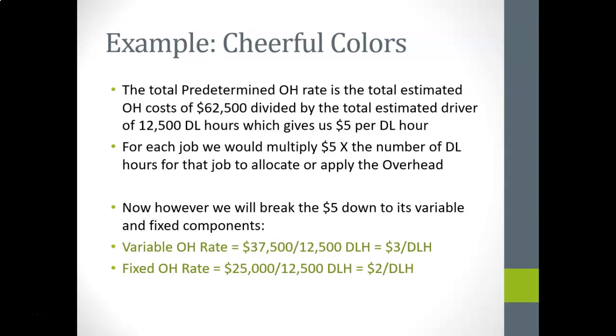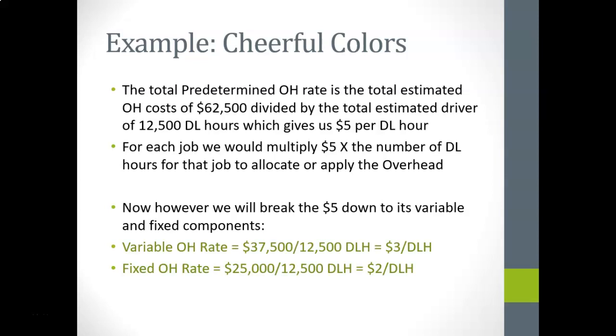Now, however, for variance analysis, we need to break that $5 down to the variable and fixed components. So the variable overhead rate is the 37,500 estimated variable overhead cost divided by the estimated cost driver, 12,500 direct labor hours. And we get $3 per direct labor hour.